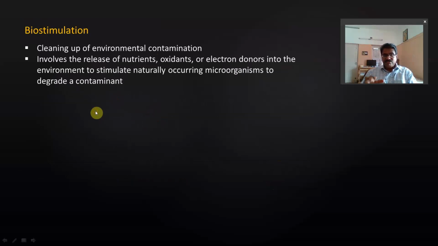And here, what we do is release certain nutrients or oxidants or even electron donors into the environment, which can stimulate the naturally occurring microorganisms to degrade the chemical. Microorganisms are already there in water. What we do is release certain nutrients or electron donors into the environment, which can stimulate these microorganisms to speed up the degradation of the contaminant.